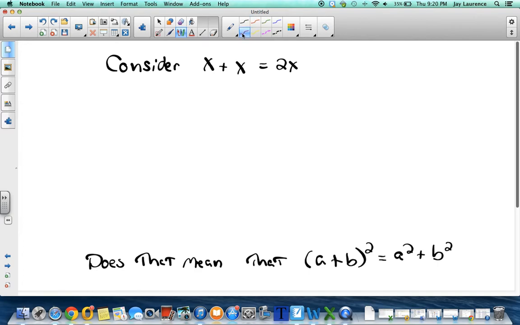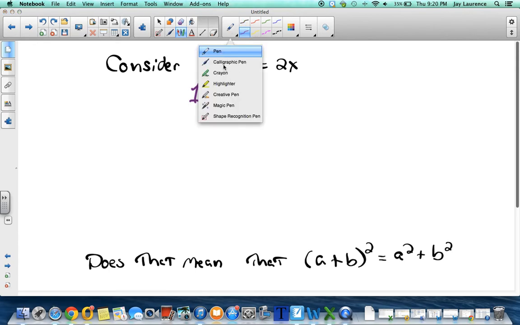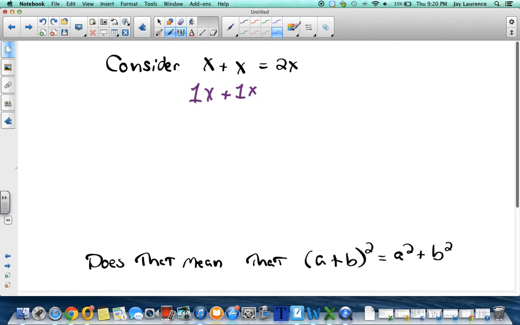Could we think about this x as 1x plus 1x? Yeah, we sure could. And then we could think about it as 1 times x plus 1 times x, right?